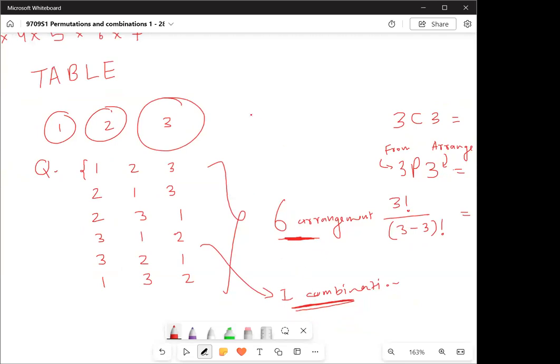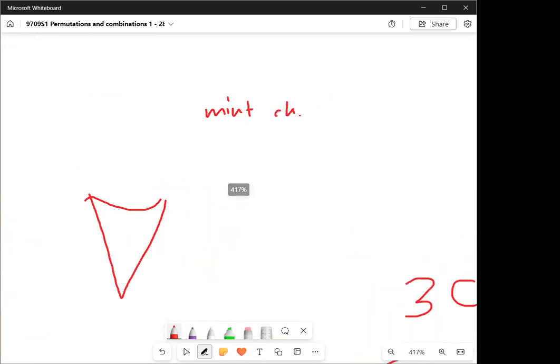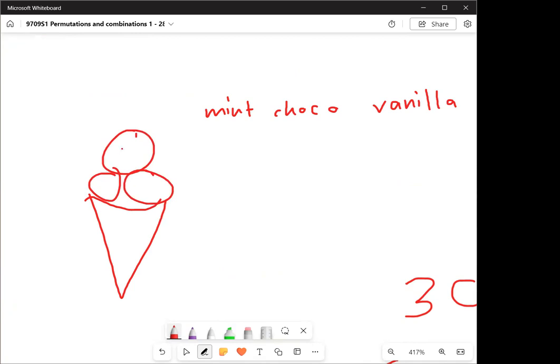Or you can think of it like this: you have ice cream. If I say mint, mint choco, vanilla or something, that's an ice cream. Honestly, it doesn't make a difference to me how the ice cream man arranges this flavor, because it's the same flavor. He can put one on the top, one on the bottom, and the other on the side.